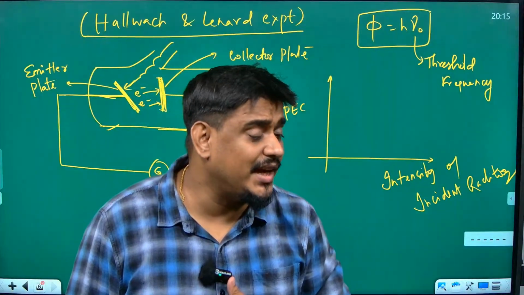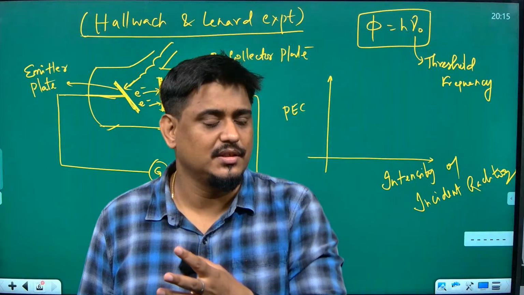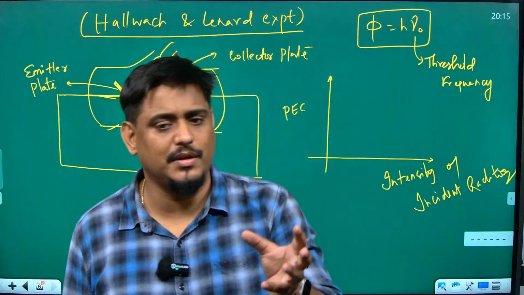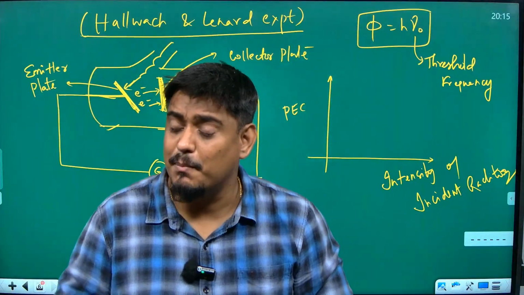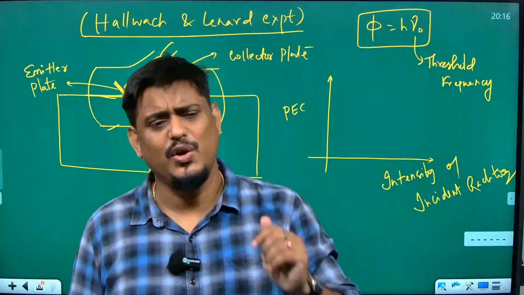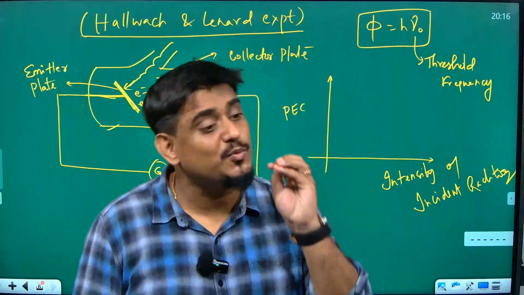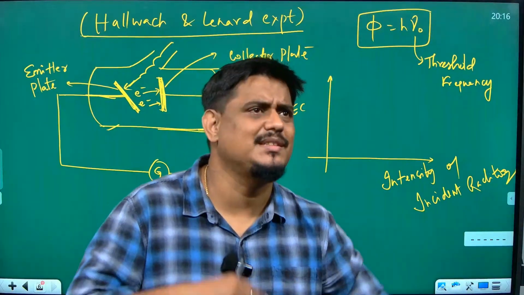When I say intensity is changing, imagine brightness is changing: 100-watt bulb, 200-watt bulb, 300-watt bulb. Don't write this in the examination, I am saying this just to make you understand. Frequency means color, intensity means brightness.